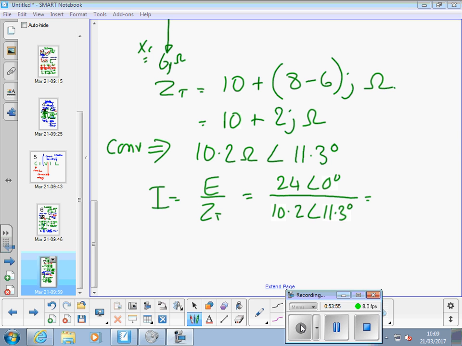2 point something amps, 2.35 amps, angle minus 11.3 degrees. And does that ring true for an inductive circuit using the word CIVIL? Little check. CIVIL, inductive circuit, current lags voltage.